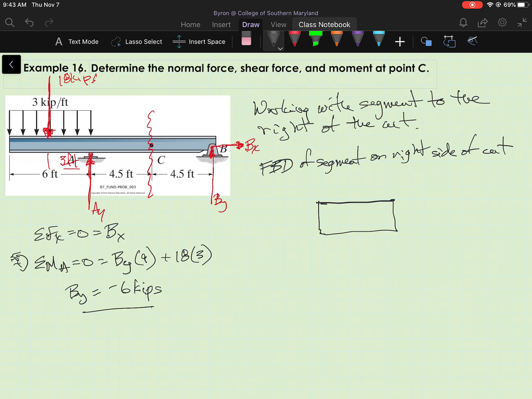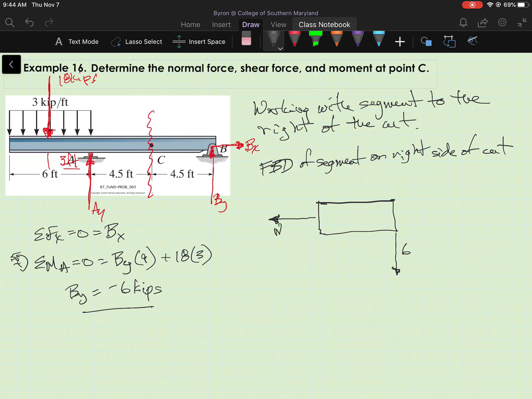So I'll show B sub y, and I know that that acts in the negative direction, or down, and it's 6 kips. And then at the cut, I'm going to use the convention for the unknowns that we established in the lecture. I'm going to show a normal force in the direction such that it's pulling away from the cut or trying to cause tension.